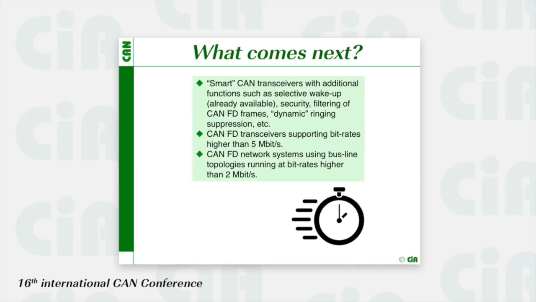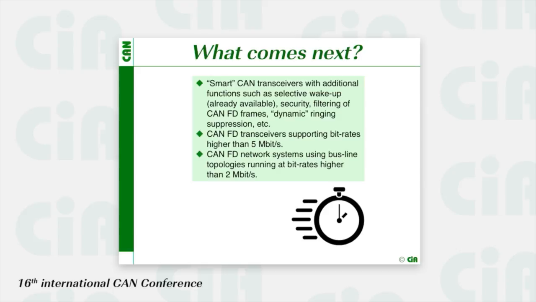We will see some more smart CAN transceivers with additional functions, and we have already seen some of them, for example, for selective wake up, but we will see also those which provide some functionality for security, filtering of CAN FD frames, and also what we need maybe is something what I would like to call dynamic ring suppression.